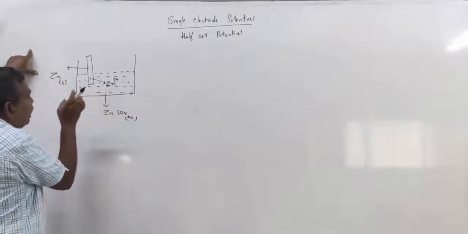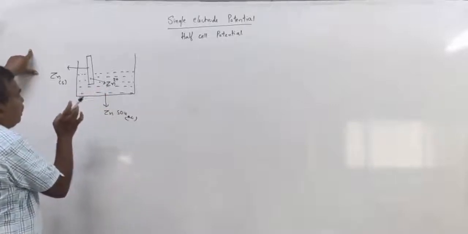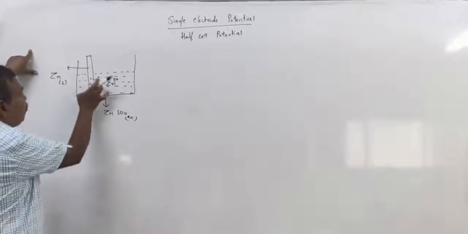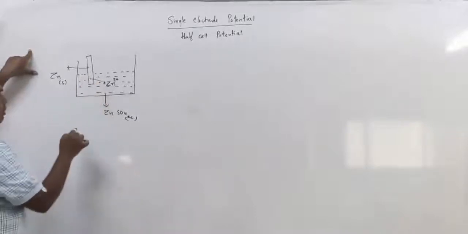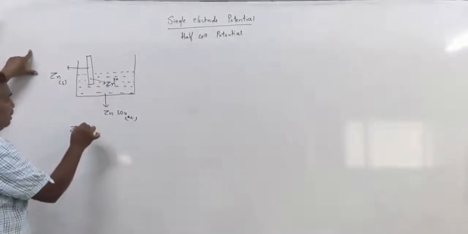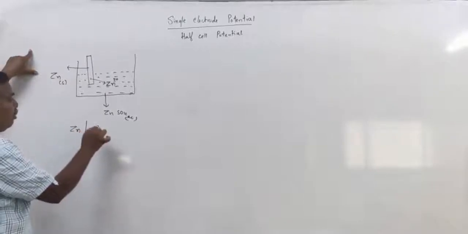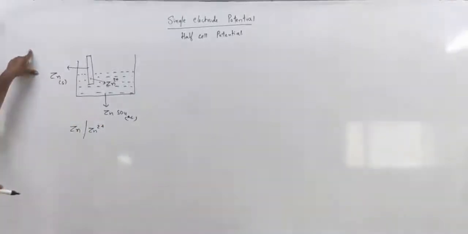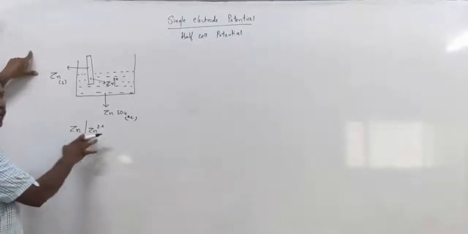So there is a tension between the two phases because Zn is in contact with Zn2+. Zinc atoms which are present on the surface are in contact with ions.